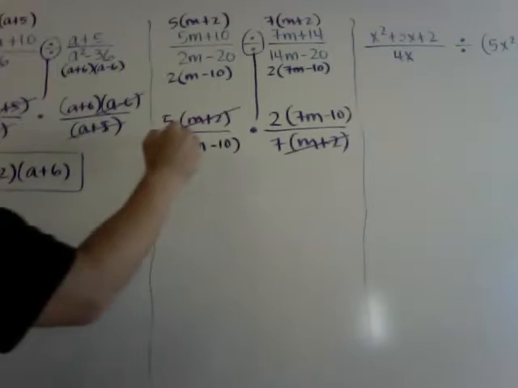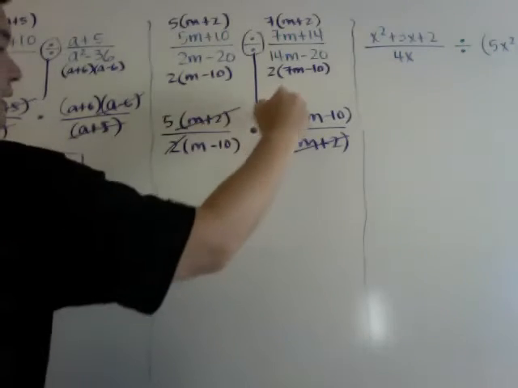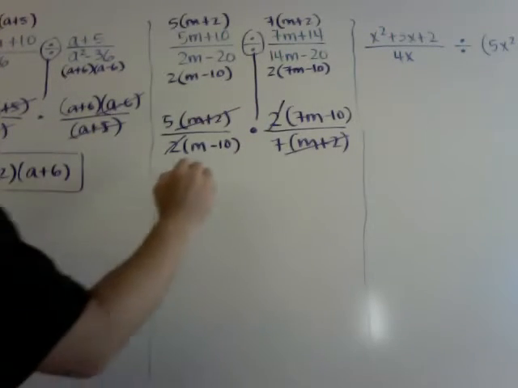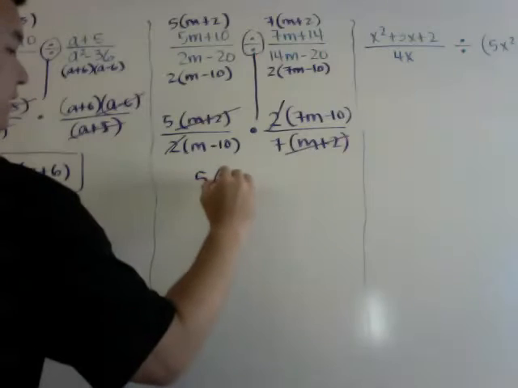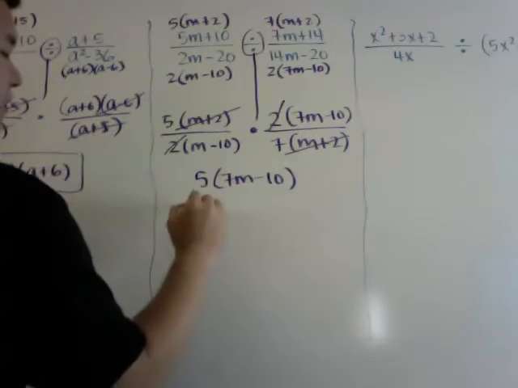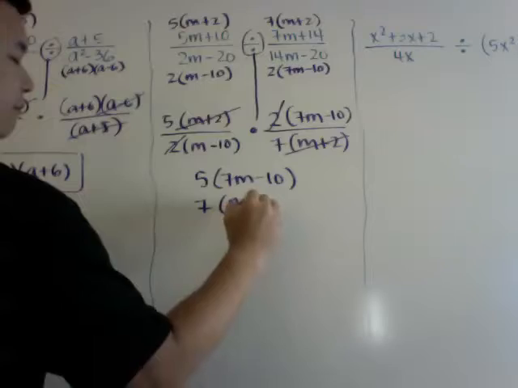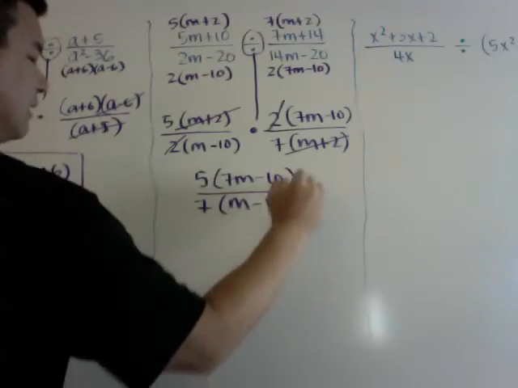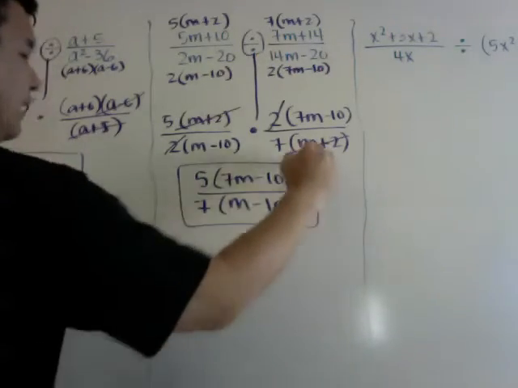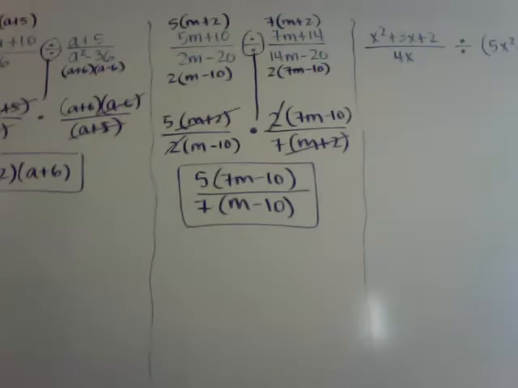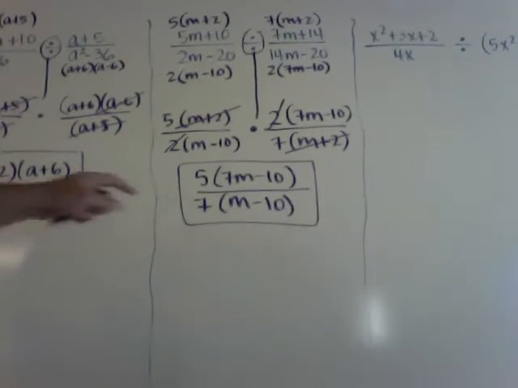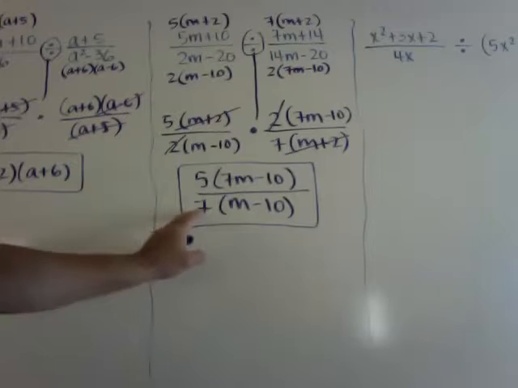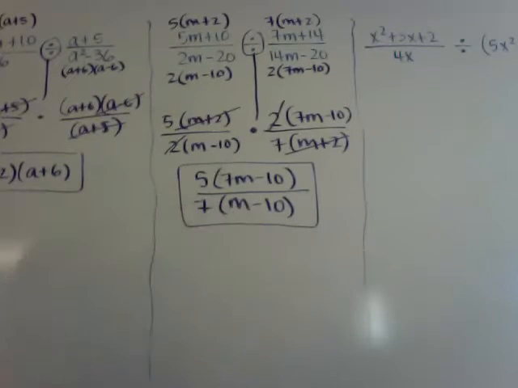And I can pull out the 2, if you notice over here, this 2 and this 2. So I'm left with 5 times 7m minus 10 over 7m minus 10. Okay. Be careful, you cannot cancel that down because the 7 is on the outside, and if I distribute it in, it'd be 7m minus 70.